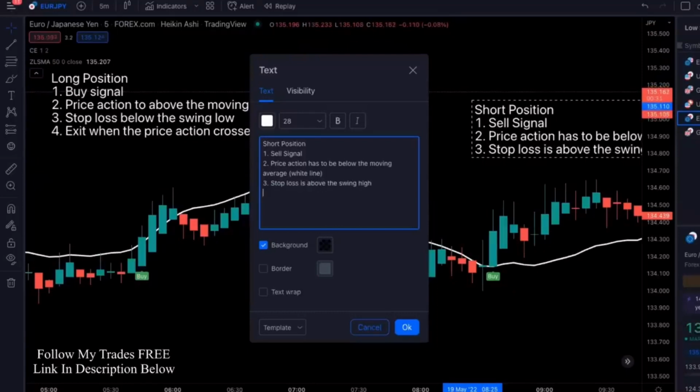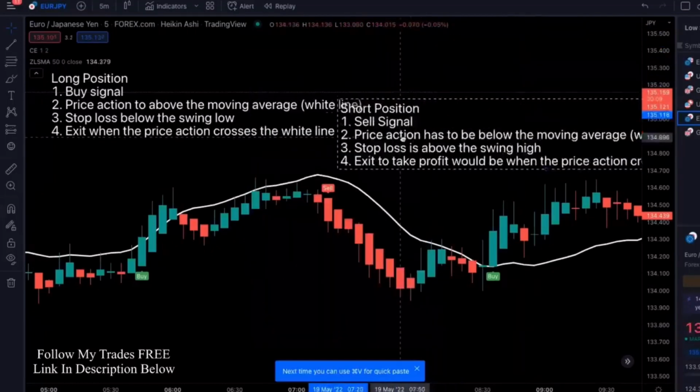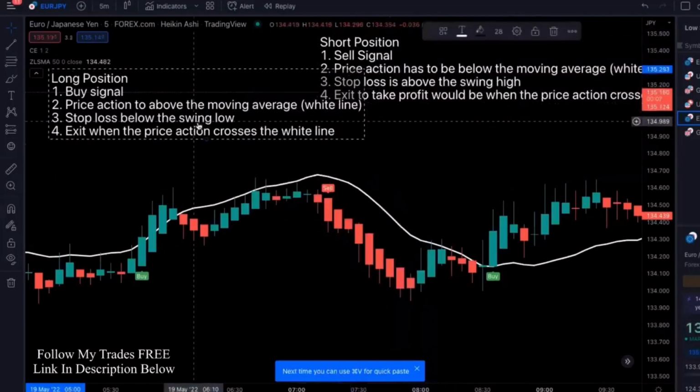And again, exit to take profit would be when the price action crosses the white line. So you guys have all of these notes. You can make notes of these if you want.